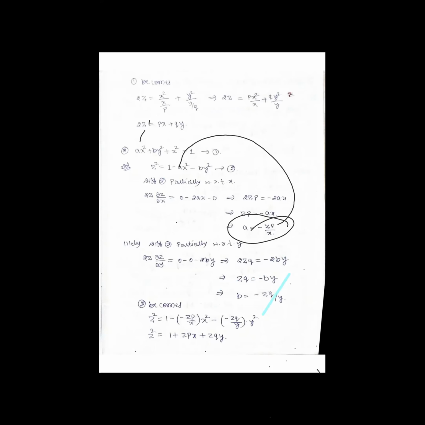Okay, so that is z square is equal to 1 minus a. A means what? Minus zp by x into x square. b means what? Minus zq by y into y square. So therefore z square is equal to 1 minus minus plus.